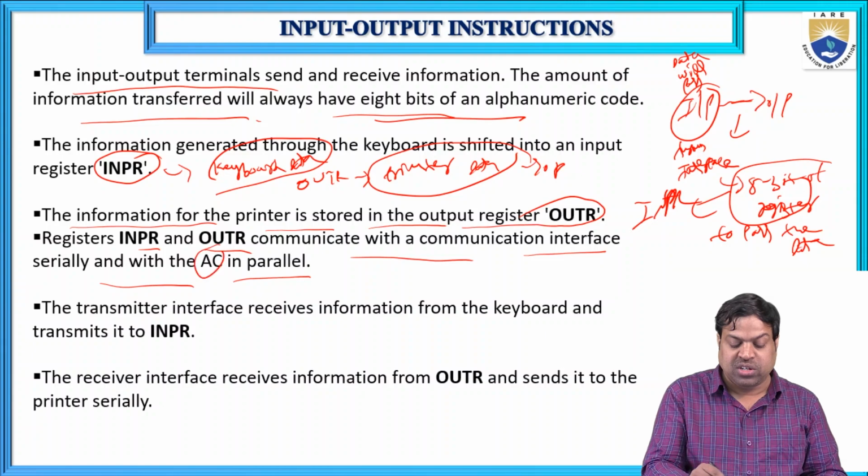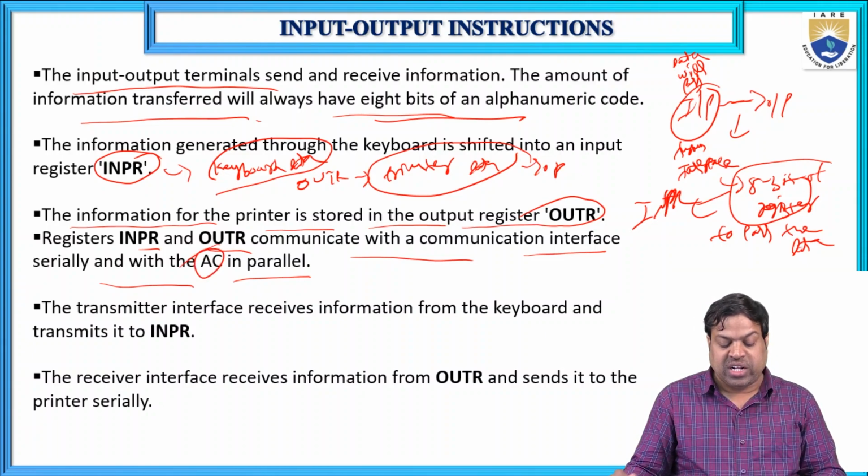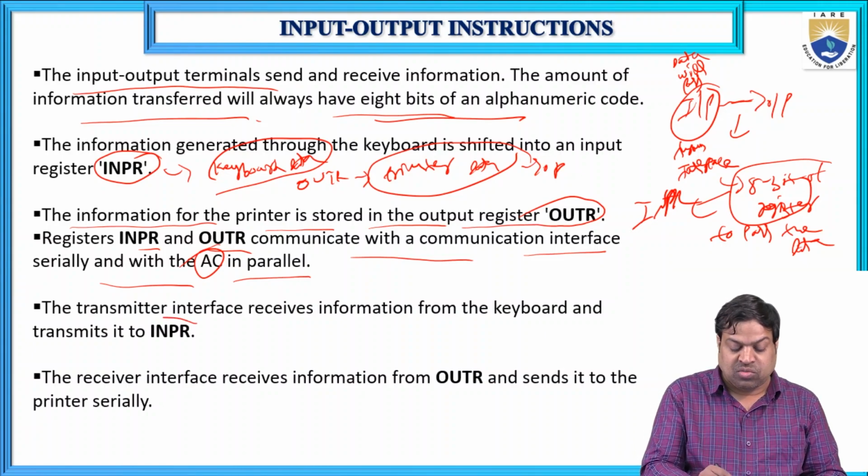So INPR and OUTR are the input register and output register, communicating through a serial communication interfacing. And here I am using the accumulator to pass the information from input to output. The transmitter interface receives the information from the keyboard, that is, the INPR input register.